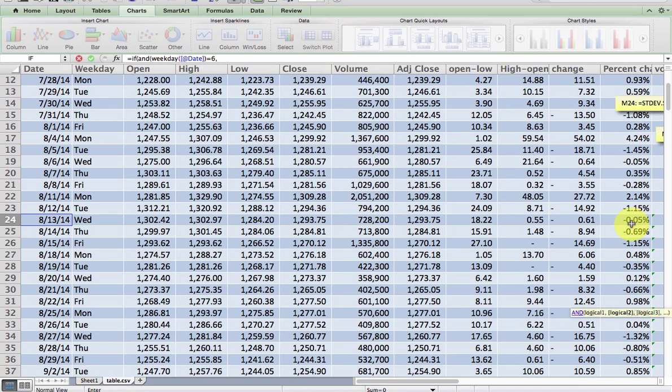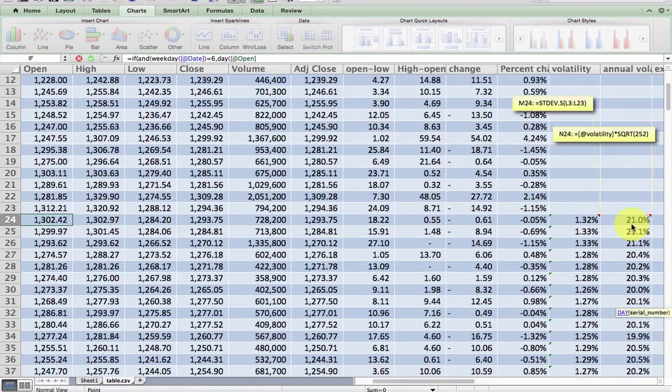Okay. The next thing I want to do is figure out, well, what's the earliest date in the month that it could be the third Friday? And the earliest Friday that could occur on would be the 15th. Okay, so I'm going to peel off the day from the month using the DAY function.